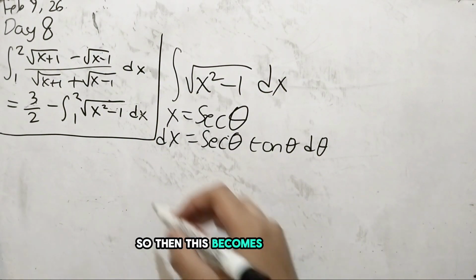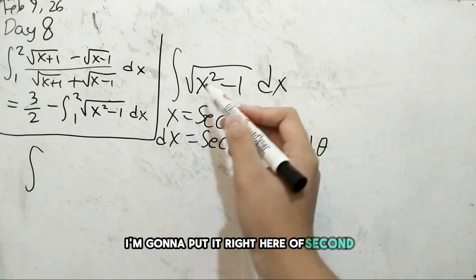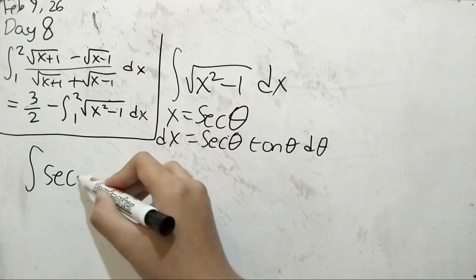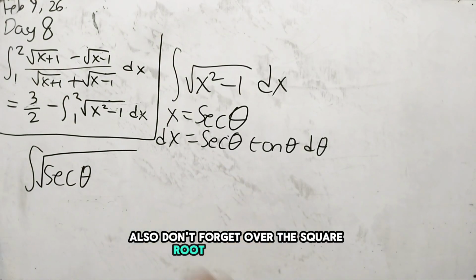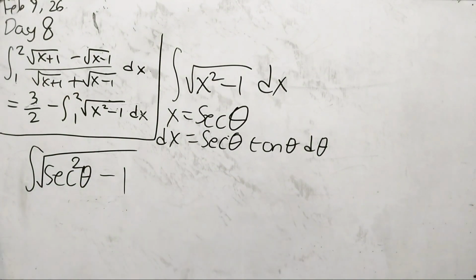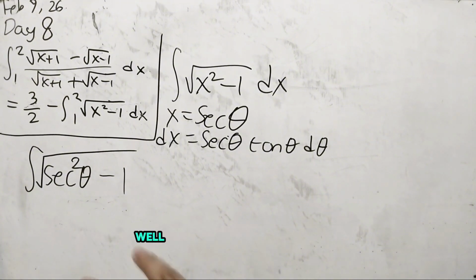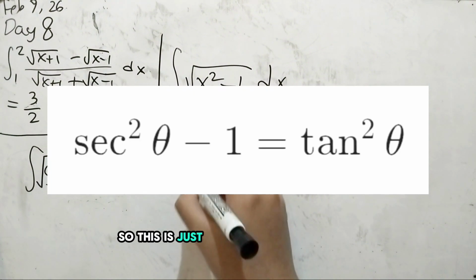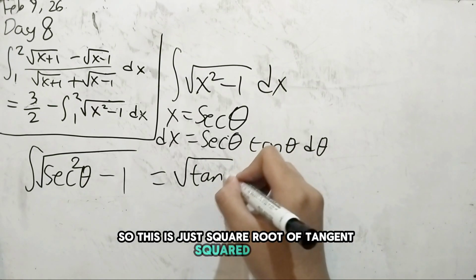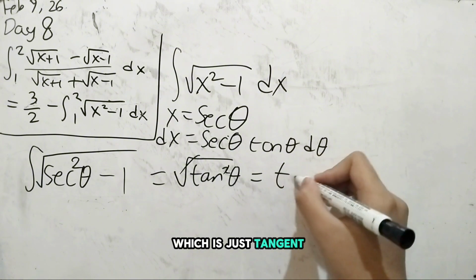So then this becomes the integral, I'm going to put it right here, of secant theta, also don't forget, over the square root of secant squared minus 1. Also, guys, don't forget, what is this? Well, if you know from this formula, this is just tangent squared, right? So this is just the square root of tangent squared theta, which is just tangent.